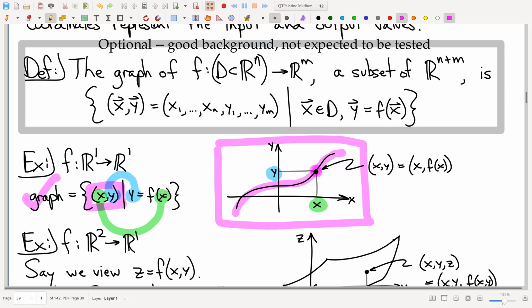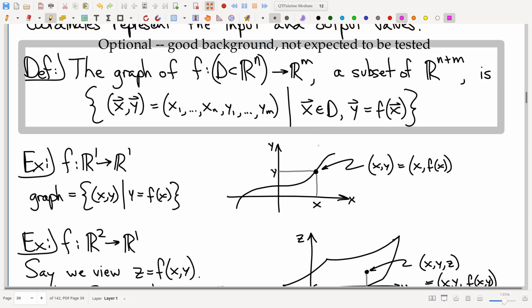Okay. All right. Here's a different way to think about it. I like the following as well. Let me real quick talk about this function. Remember, a function is 3 things.